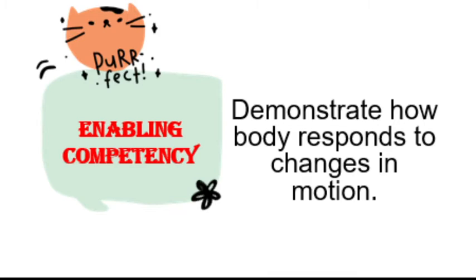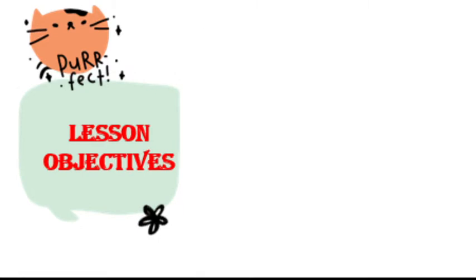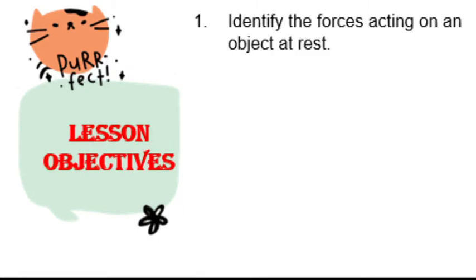Our enabling competency for today's lesson: we are going to demonstrate how a body responds to changes in motion. Our most essential learning competency: infer that when a body exerts a force on another, an equal amount of force is exerted back on it. Our lesson objectives.